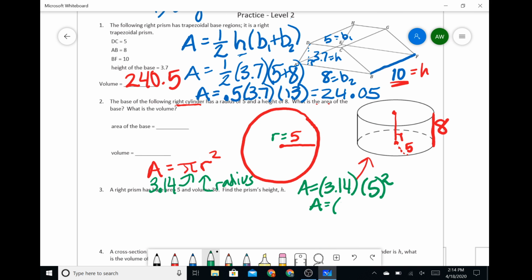So we need to do 3.14 times 25. Now I need to get out my calculator to do this. It'll take me a minute. So you can also get out your calculator or your phone or whatever you'd like to use. And 3.14 times 25. Oh, I should close that parenthesis. I get, hopefully you got the same thing, I got 78.5.